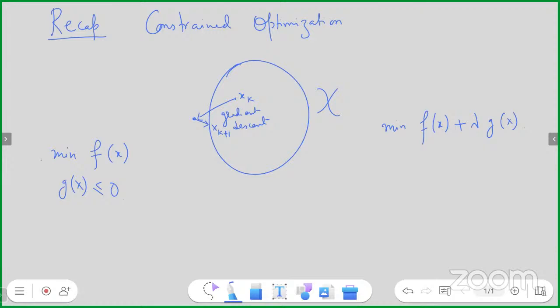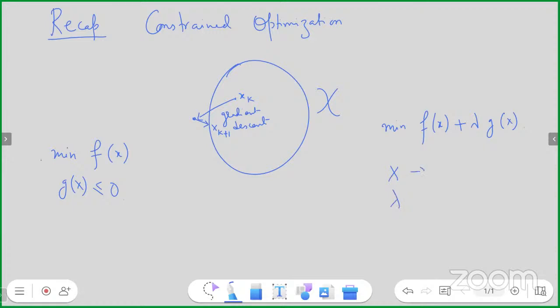And did we talk about primal dual methods? There was a primal, there was a dual. This is precisely, lambda is nothing but a dual. So you can actually do this as well. What you do, I'm not going to discuss this today. So you do both update x and lambda.